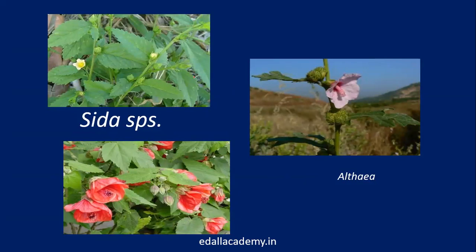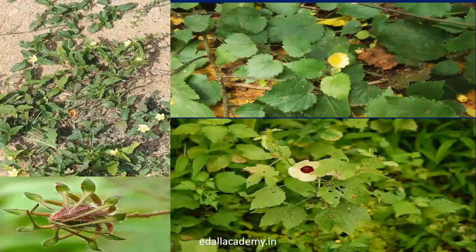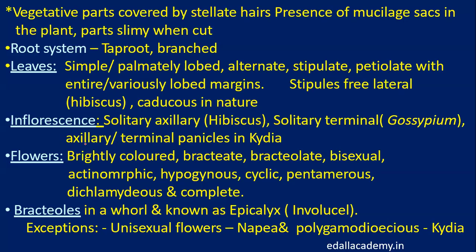The Sida species is given in diagrammatic form. See the photographic structures: Althaea and Hibiscus species. Here the cotton plant is given, Gossypium species. Thespesia populnea, Kydia. These are all some common examples given in the form of photographs. On this page also, some examples are given with diagrammatic representation.